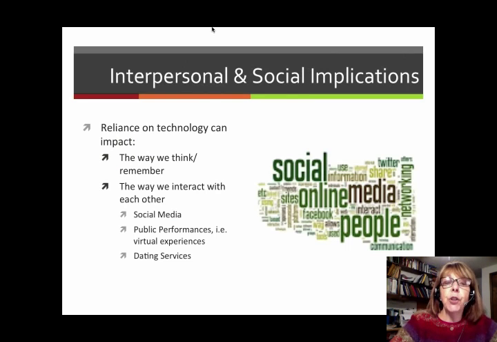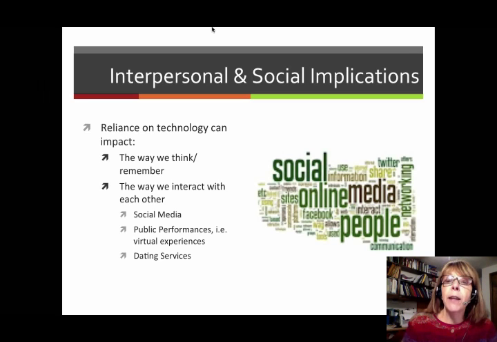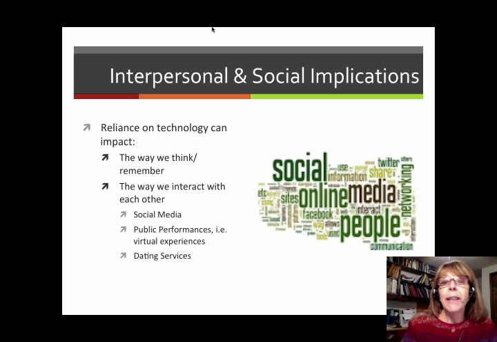Interpersonal and social implications. There are so many people around the world who are involved with their networked and connected friends, relationships for work. There have been studies, and there continue to be studies, showing that reliance on technology can impact the way we think, the way we remember, and the way we interact with one another through social media, through public performances, having virtual experiences rather than in-person, face-to-face, dating services.